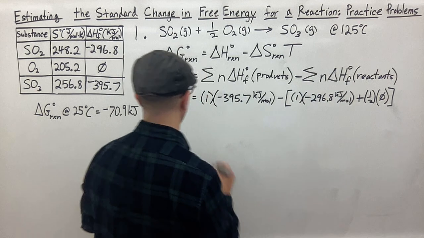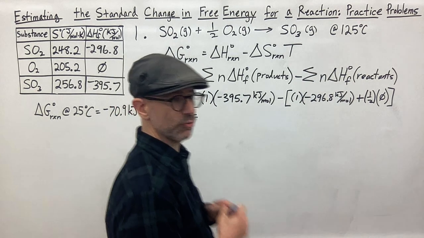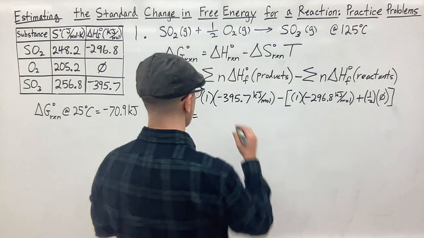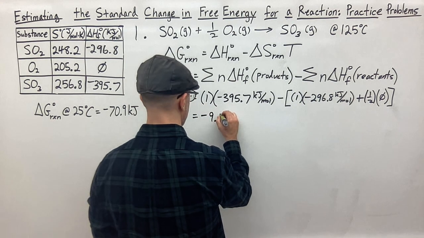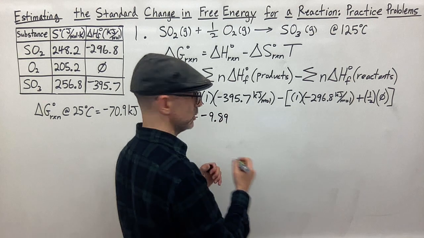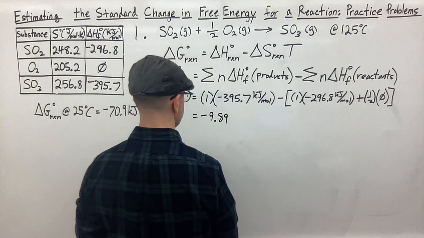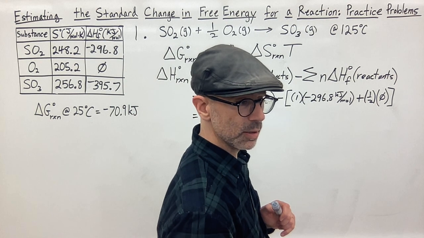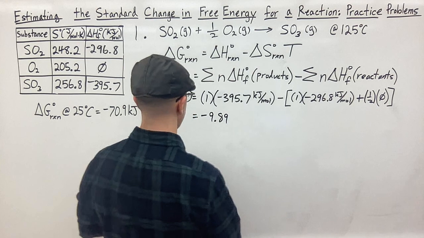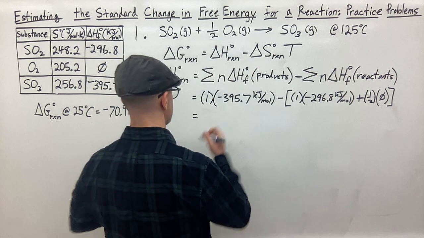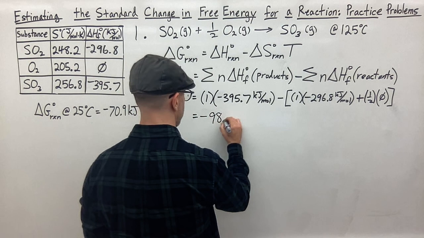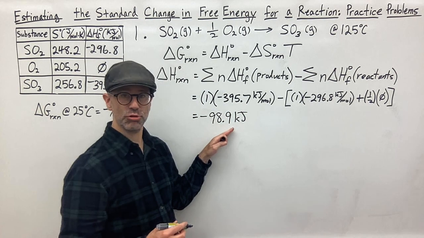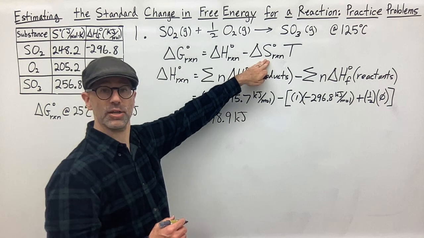And here we go. We calculate that out just like we did before, and that comes out to negative 98.9 kilojoules. I'm sorry, I don't want to skip a step. We want to convert that to joules because our standard entropy is in joules.